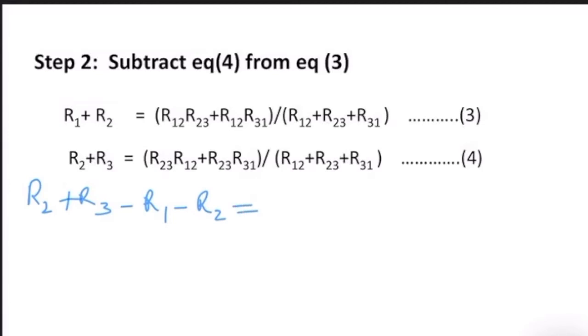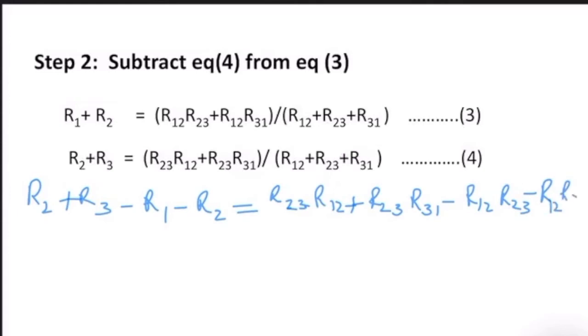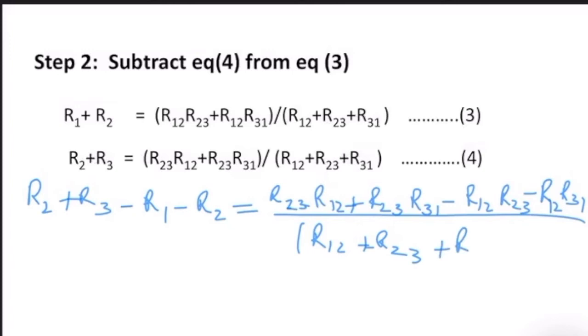Right side: R23 R12 plus R23 R31 minus R12 R23 minus R12 R31, divided by, as the denominator is the same in both equations, we'll write it common for both, R12 plus R23 plus R31.